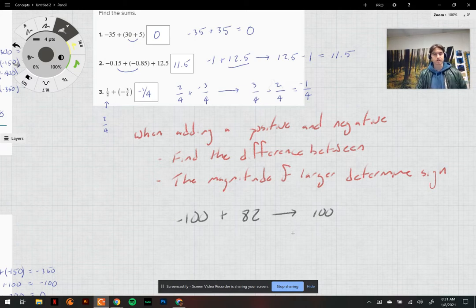The absolute value of negative 100 is 100. The absolute value of 82 is 82. I'm just going to find the difference of these two, which is 18. But now I need to look at the magnitudes. Which one's farther from 0? Negative 100 is farther from 0, and since it's negative, my answer is negative 18.